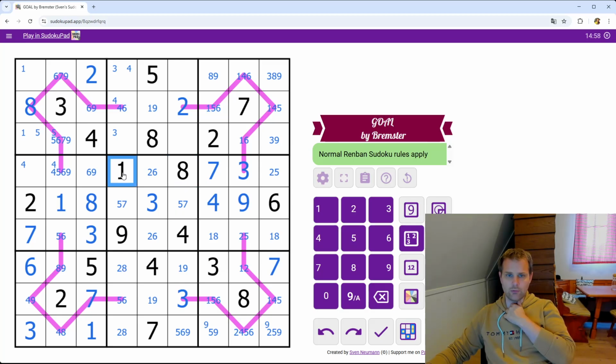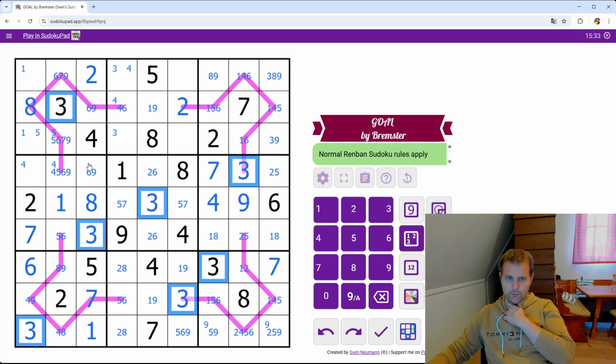Let's see. Let's go one by one. The 1s up there, somewhere here, somewhere there, somewhere there, and somewhere there. Okay. The 2s. There's a 2 somewhere here, somewhere here. One of these 3 and one of those 2. The 3s.